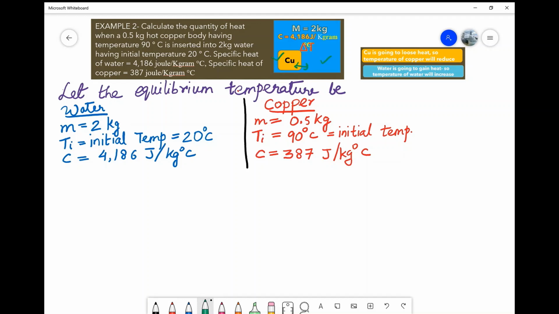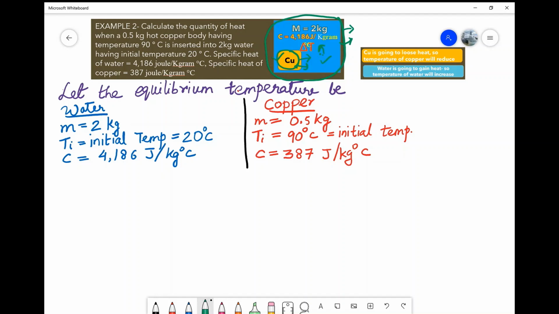These two heats will be the same, assuming that no heat is lost to the environment, because whatever heat the copper is losing towards the water, that quantity of heat is used to raise the temperature of the water. So we are assuming that no heat is lost to the environment, and it is an isolated system.